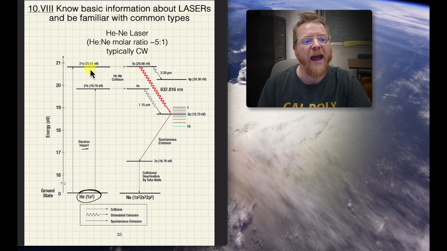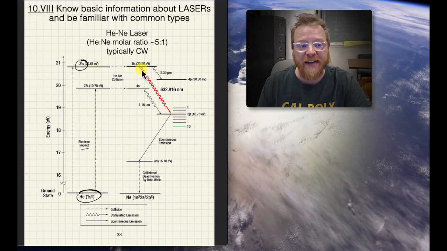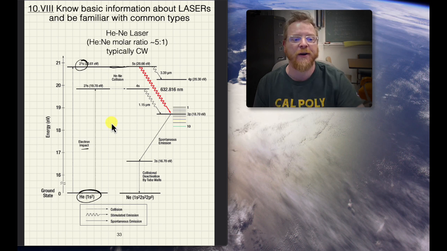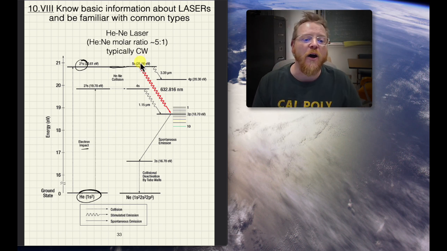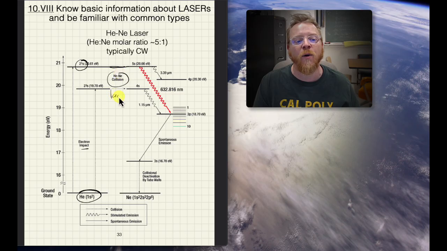Now we can get up all the way to this singlet S state here. Through collisions with neon, this will also pump neon up because its levels are at a very similar energy, as you can see there. And following that, this collision is actually what gives us our lag.